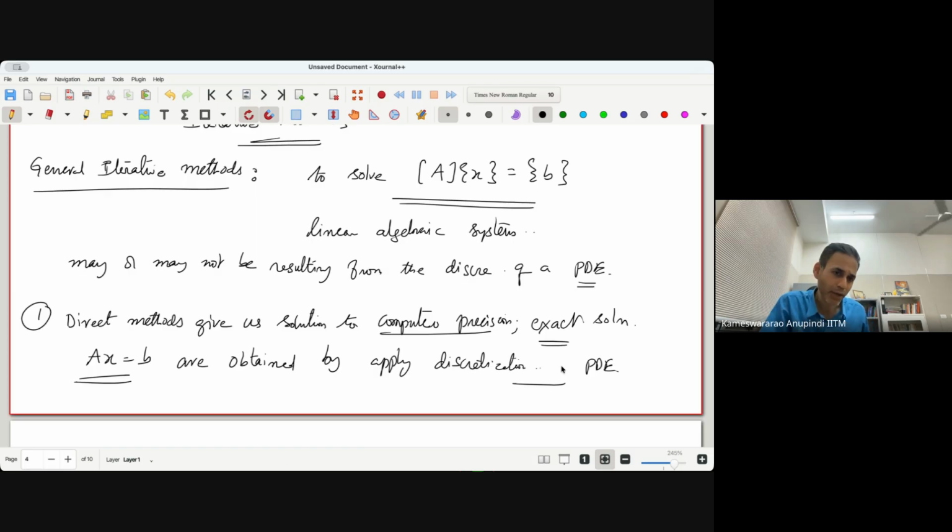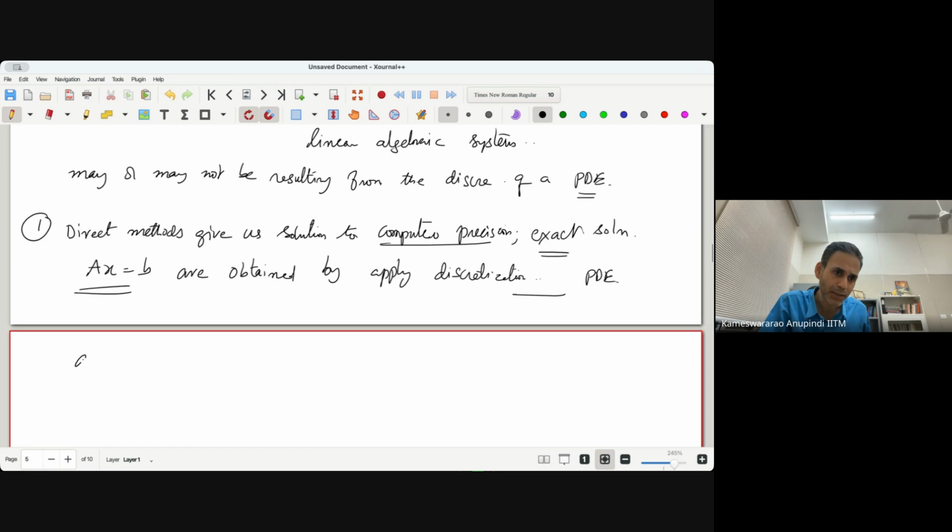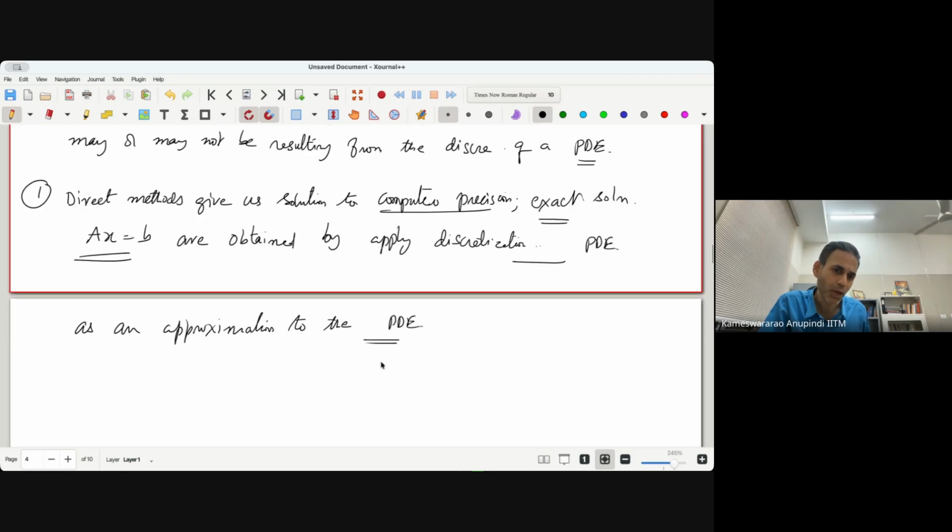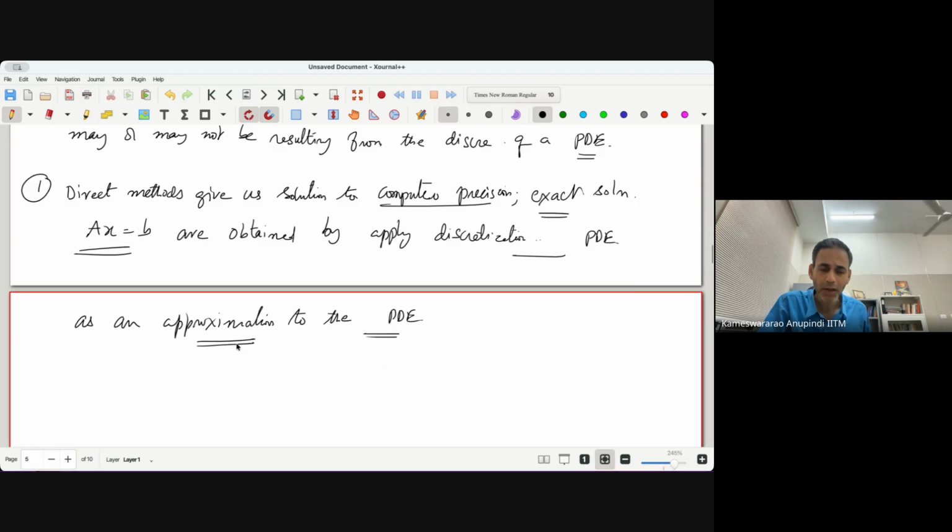That means we are only getting Ax equal to b as an approximation to the PDE. In this context, because Ax equal to b itself is an approximation to the exact PDE, it doesn't make much sense to solve Ax equal to b exactly to obtain a solution.